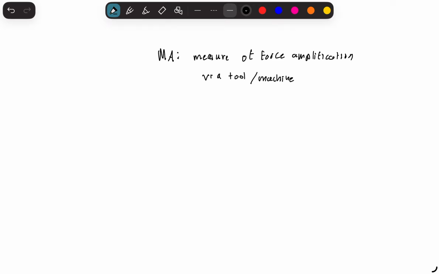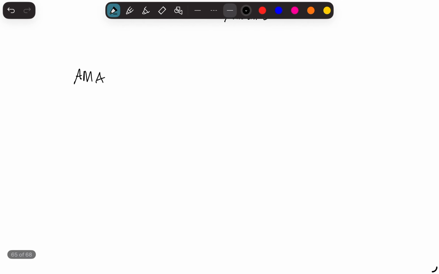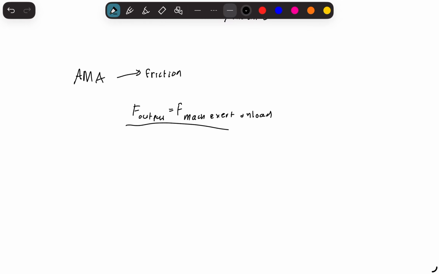So let's say that we have different formulas that we want to be able to calculate and use. So actual mechanical advantage is when you are considering things like friction, and it's the ratio of your output force, which is the force that the machine is going to exert on the load, is equal to the force machine exerts on load over the force that you input into the machine.